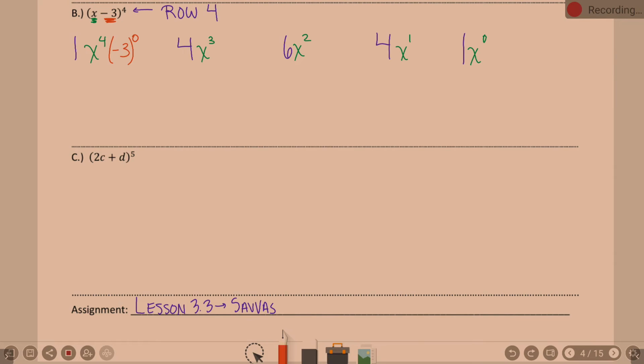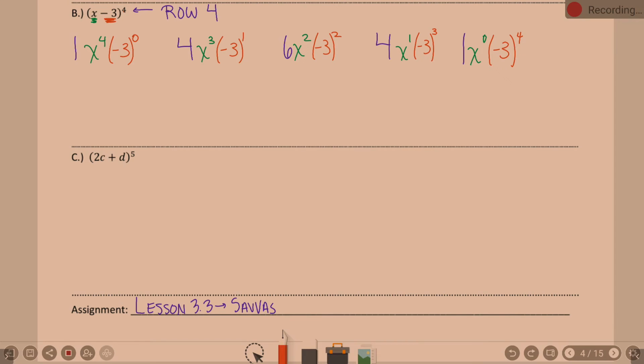We're going to start the opposite way. -3 to the 1st. -3 to the 2nd. -3 to the 3rd. And -3 to the 4th. I'm confident I did this right because I ended at 4. And what do each set of exponents add up to be? How about 4 in this case?